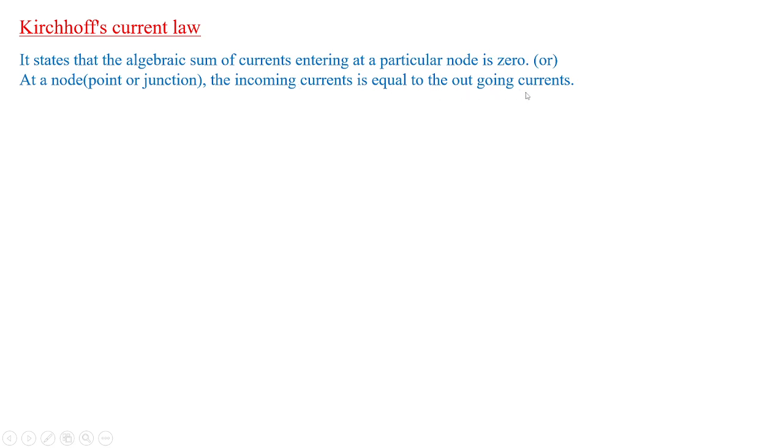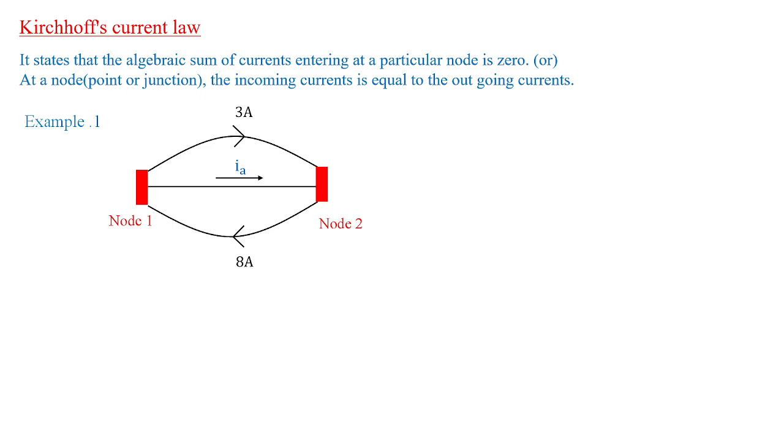In order to understand this concept, let us jump into example 1, where you can see you have two nodes, and between two nodes, three branches are placed, and three branches are carrying current 3 amperes, 8 amperes, and IA. We need to find out the unknown current IA. So here I can consider node 1 or node 2, and after that I have to see whether the current in the branch is incoming or outgoing.